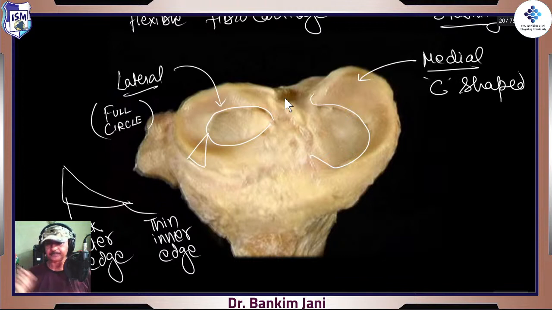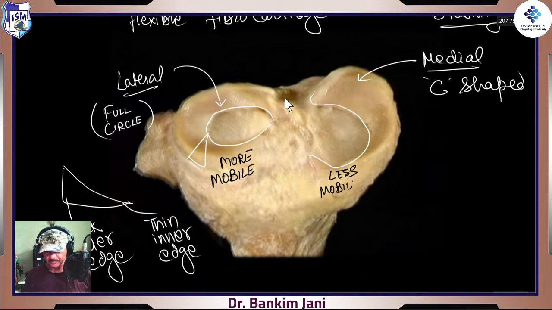If you consider how much they move, you'll find that it is the lateral one which is more mobile as compared to the opposite. So this is less mobile, right?